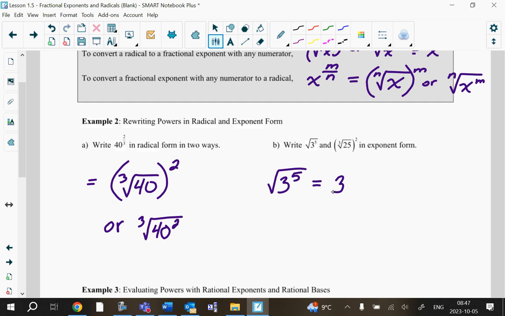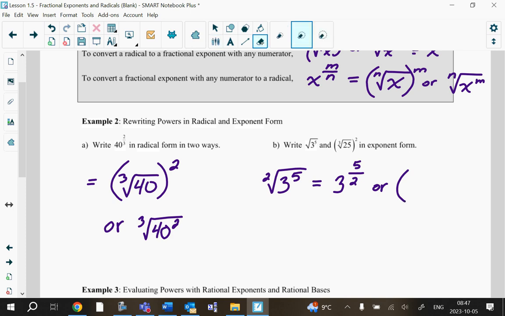Okay, what's the little number here? Remember, that's the numerator. That's the denominator. This becomes the numerator. Or, no, never mind. That's radical form.